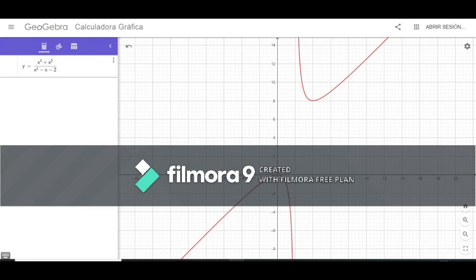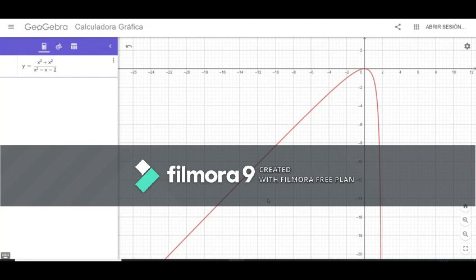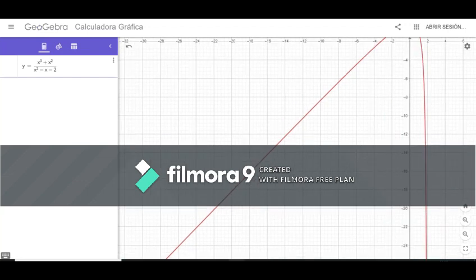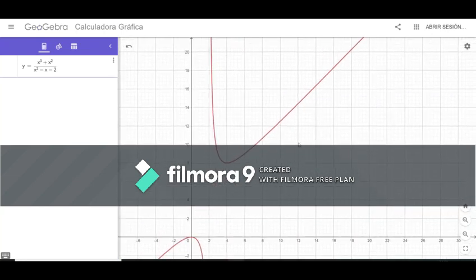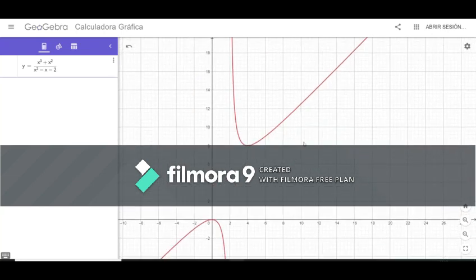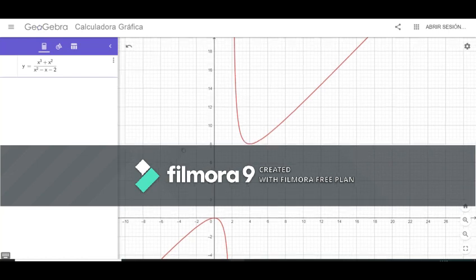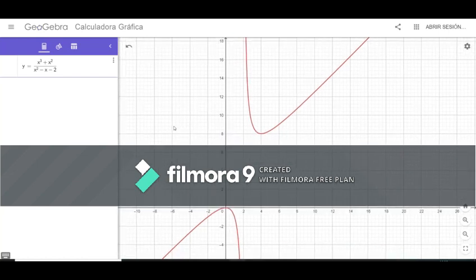And well, the intersections, here we can see both of them, and it's at 0, right? At 0. And well, here we can see more about the behaviors, and the domain and the range that we have spoken about. Well, that's all.